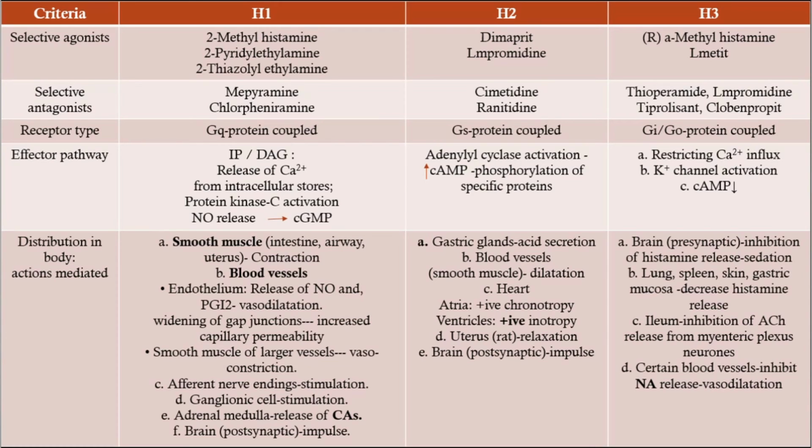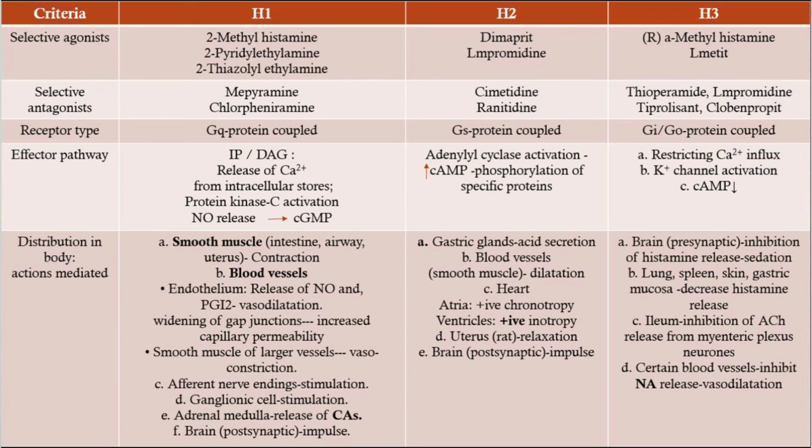Second is blood vessel dilation, and third, in heart it produces in atria a positive chronotropic effect, means increased heart rate. In ventricles it produces positive inotropic effect, means increased force of contraction, and in uterus of rat it produces relaxation, and lastly in brain once again it produces impulses.